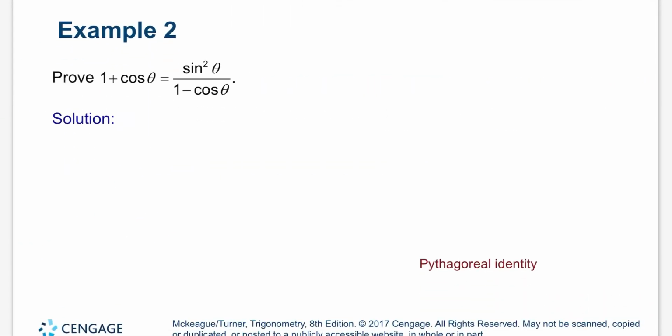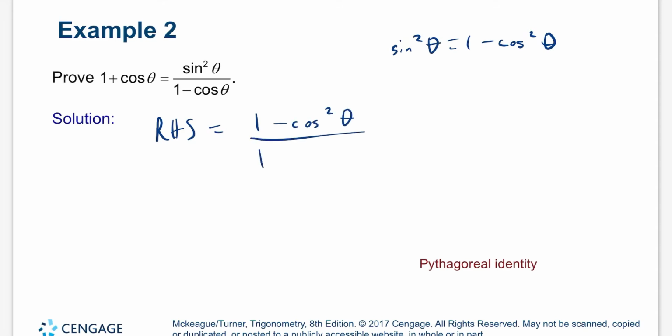For the second example, in this case, I would also work on the right-hand side. We're going to use the fact that sine squared theta is equal to 1 minus cosine squared theta to rewrite that as 1 minus cosine squared theta over 1 minus cosine theta.